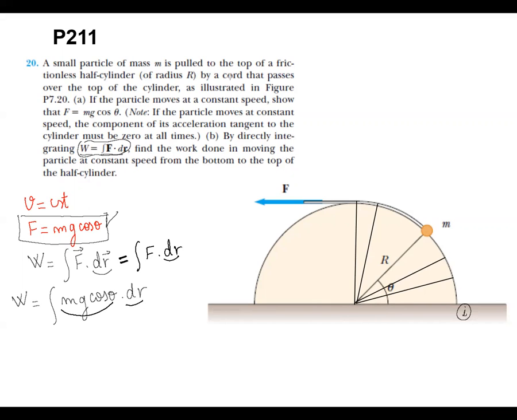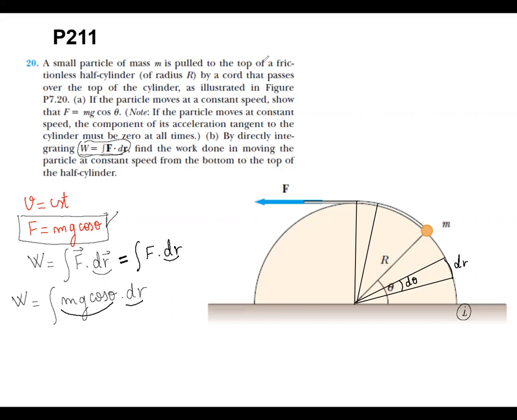Here we have dr. The angle here equals d theta.